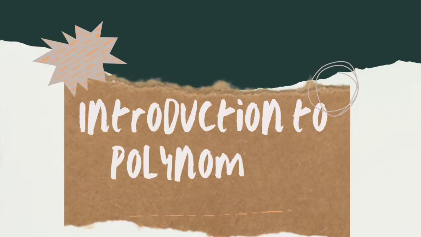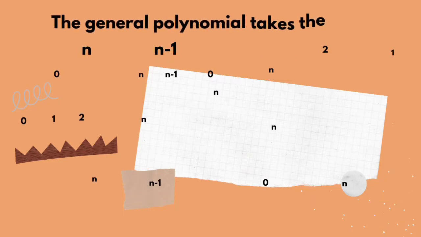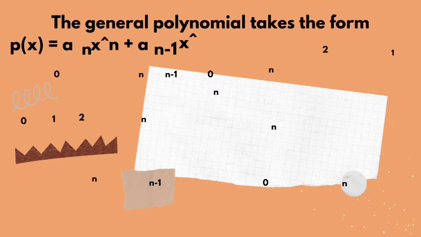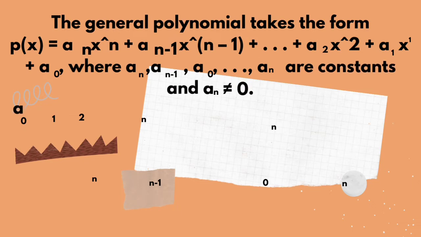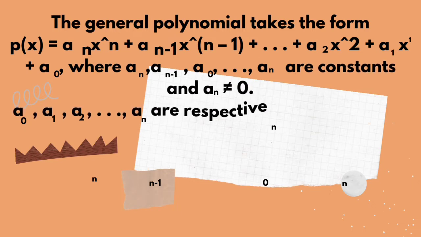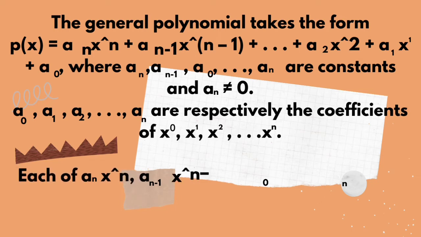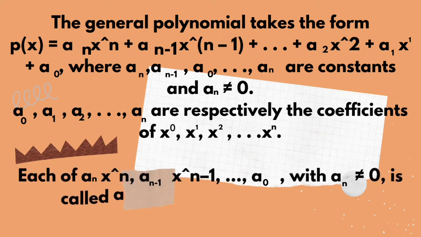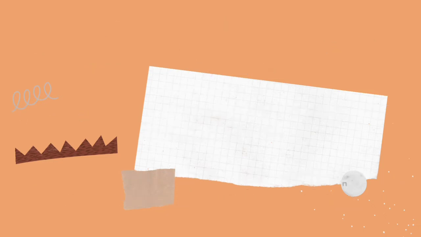Introduction to polynomials. The general polynomial takes the form p of x is equal to a subscript n x raised to power n plus a subscript n minus 1 x raised to power n minus 1 plus all other terms till a subscript 2 x raised to power 2 plus a subscript 1 x raised to power 1 plus a subscript 0.